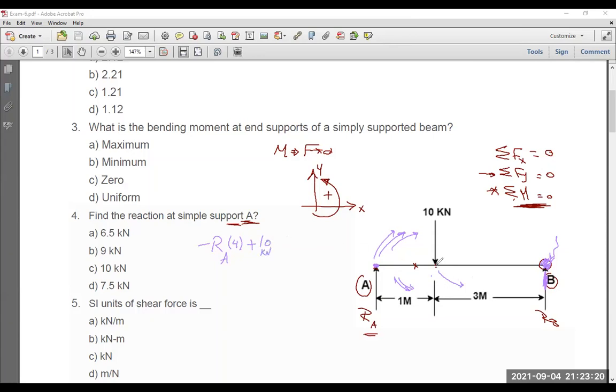What is the distance from the force to the moment point? It is 3 meters, so multiply by 3. This is equal to 0. So now I obtain one equation for one unknown. This is the best way. So RA equals 30 over 4, which equals 7.5 kilonewtons.